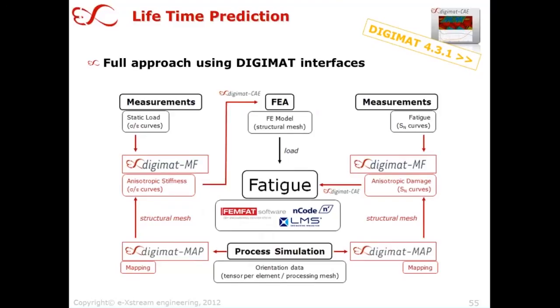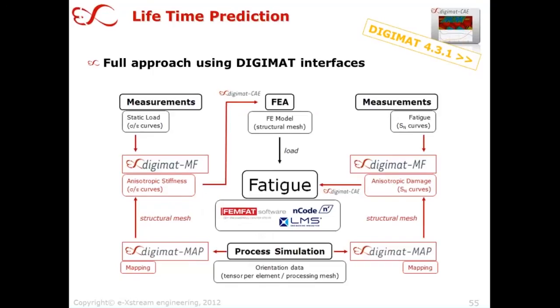and it completes the right side of our schematic here. So exactly as on the left side, we start from processing simulation, and we map the predicted fiber orientations on the structural mesh. We then take the anisotropic model that we have for the Wöhler curves per integration point based on the local fiber orientation, and this we feed into the fatigue code.